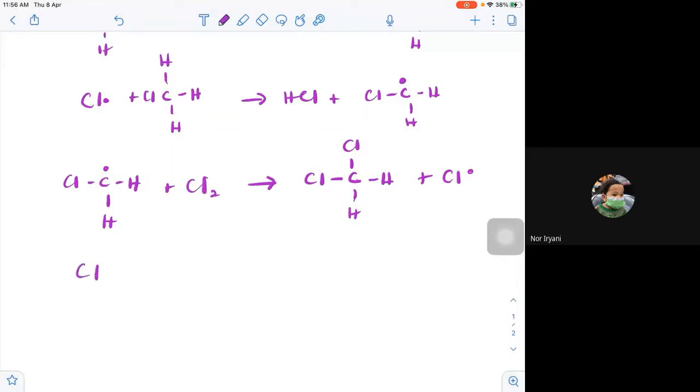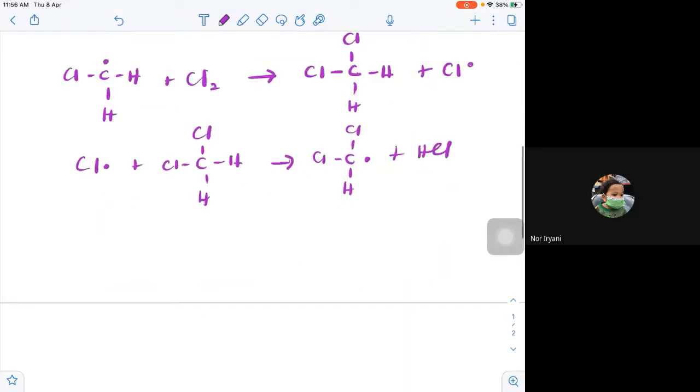Okay, then this process can proceed more. We have another Cl radical that will attack this, and it will take one of the H, so now it turns to the CCl2H radical plus HCl.